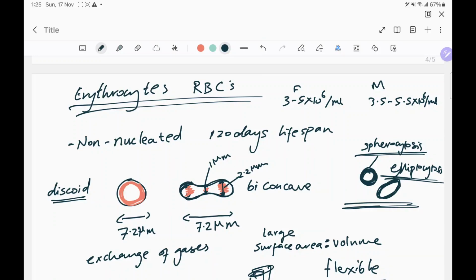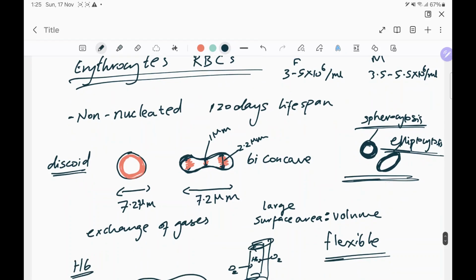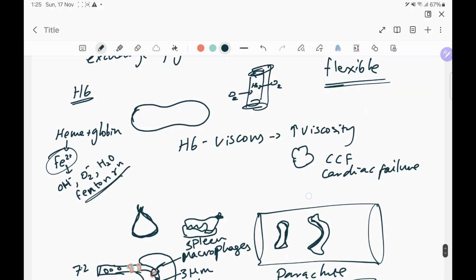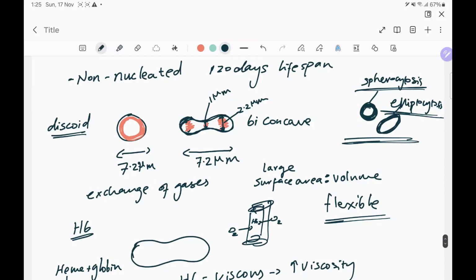That's what all fluids want to be. If you consider body fluids wrapped in a cell membrane like your RBC, they want to be spherical in shape. But we want a balance between flexibility and surface area to volume ratio. So we have this biconcave shape, but if you remove the cytoskeletal attachments, you get this spherical or elliptical shape.